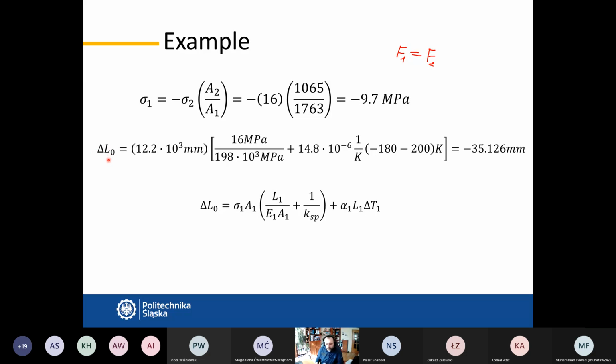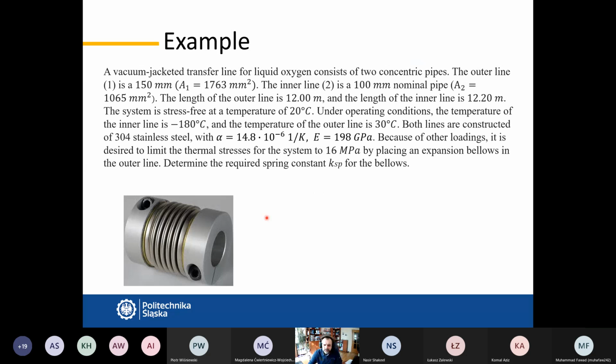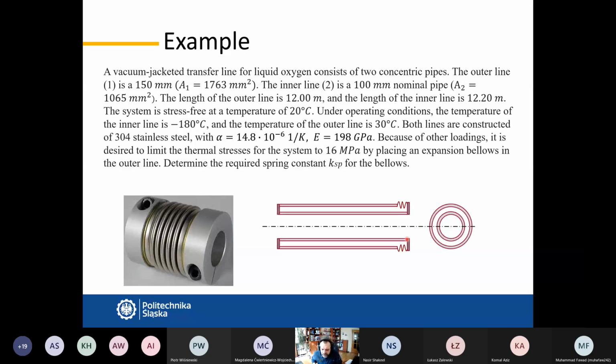And we know what is the total elongation of the system calculated on the basis of the internal pipe, which changes the length, shrinks, and this change in the external pipe. So we know to what extent that one shrank, so how far the connection moved.